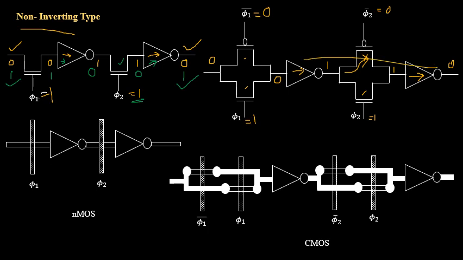If you compare now, we have applied the input as 0 and we have obtained the output as 0. So the exact data input is obtained in the data output. So this particular case we call non-inverting type.